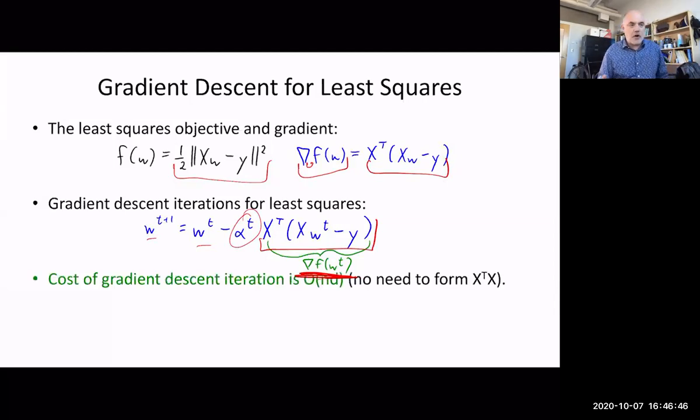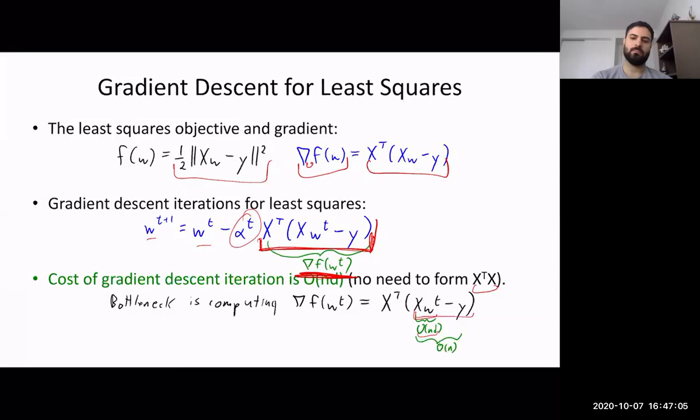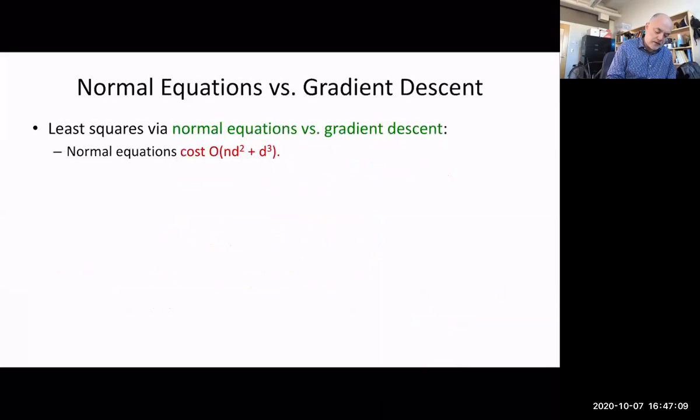Cool. Now the cost of gradient descent is order ND. We don't have to form this X transpose X matrix, right? So the bottleneck is computing this gradient function right here. Computing X times W transpose is order ND. There's N operations when you do the subtraction, and then there's another order ND operation here.